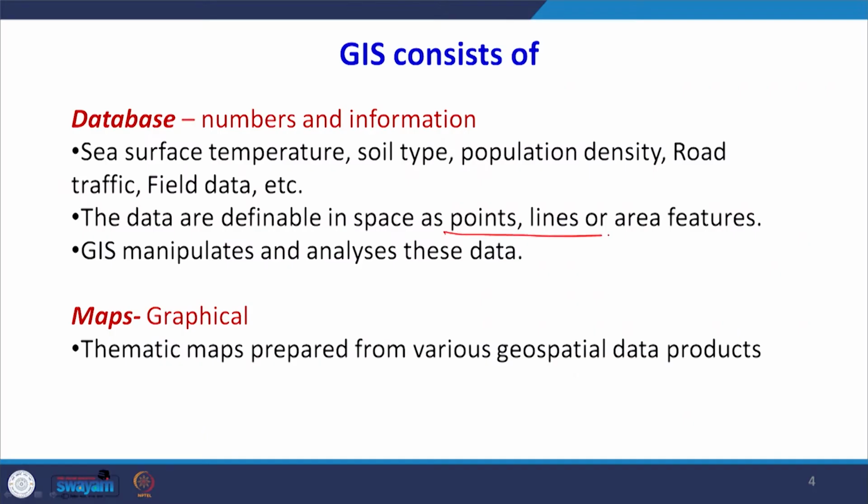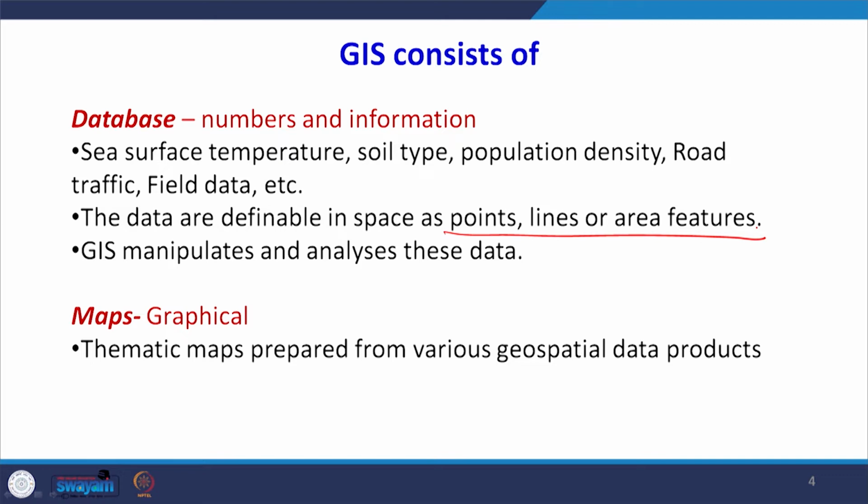The other component, a very important part of this, is the maps. A map is the graphical representation of the various objects of the earth surface. So we are representing those features in the form of a graphical representation of point, line or area features present on the earth surface. Natural features, cultural features, we are showing all.